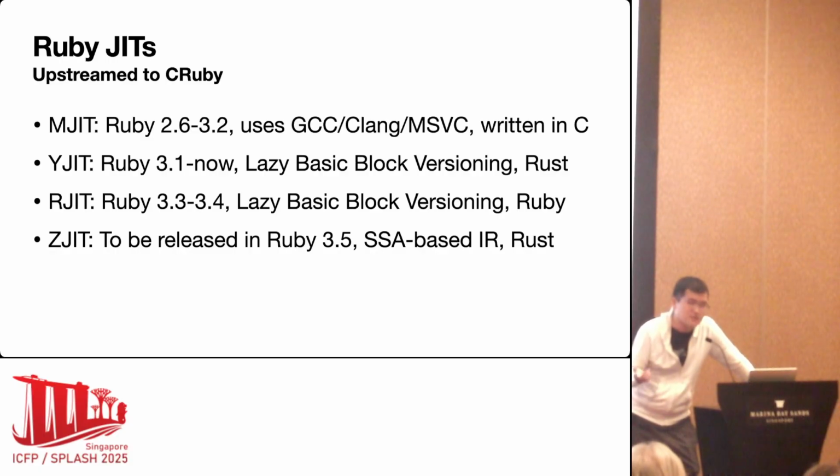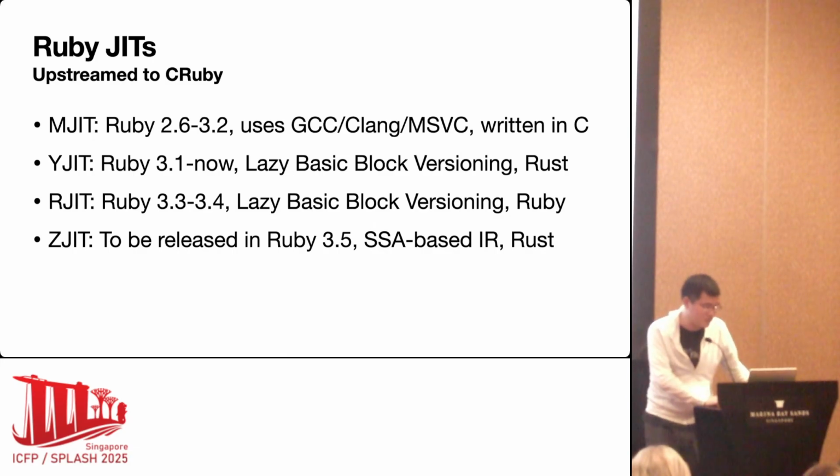So YJIT is the one developed by Shopify in Ruby 3.1 that uses a so-called lazy basic block versioning technique that was originally proposed in the PhD thesis of the developer at Shopify, Maxime.